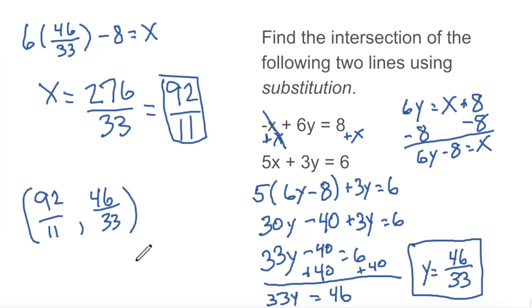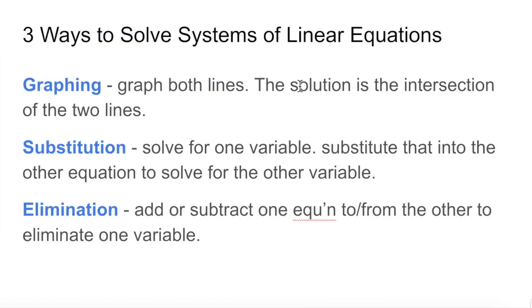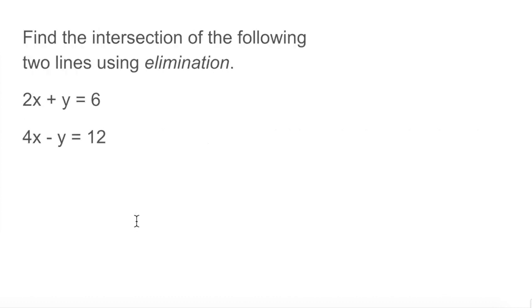So that point will lie on both lines. And last, we're going to look at the elimination method. Using the elimination method, we can add or subtract the two equations to eliminate one variable. Let's see how that works.